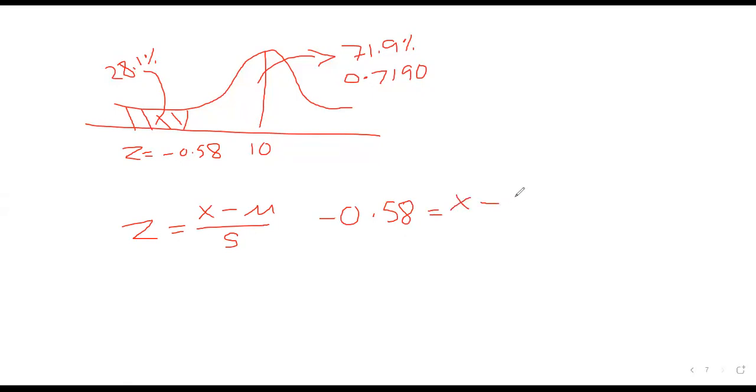Our mean is what? 10. And our standard deviation is what? 3. So let's find the value of X. We're going to have 3 times negative 0.58 plus 10 is equal to X.